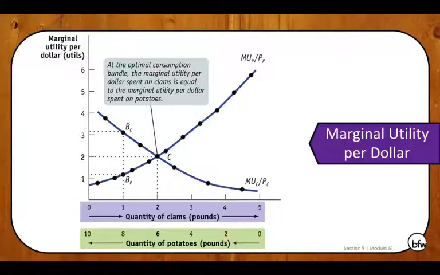And that maximizes your utility. And that is how consumers make their choices about the combination of goods and services to consume to maximize their utility or their satisfaction and happiness.